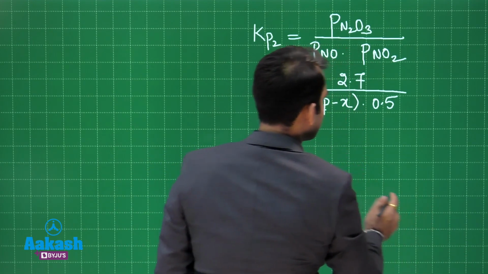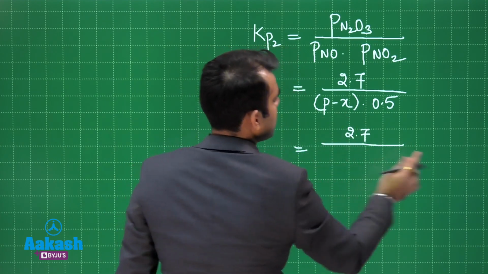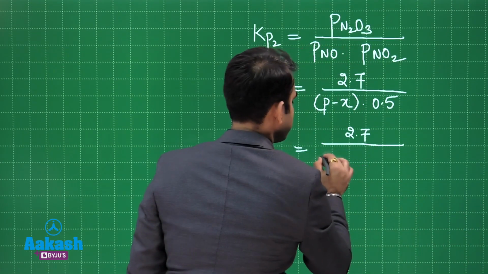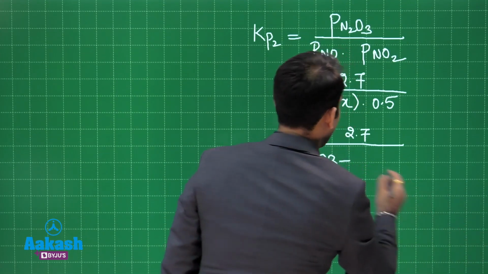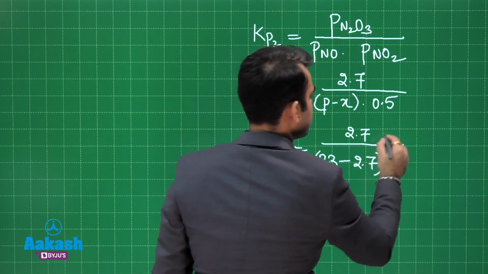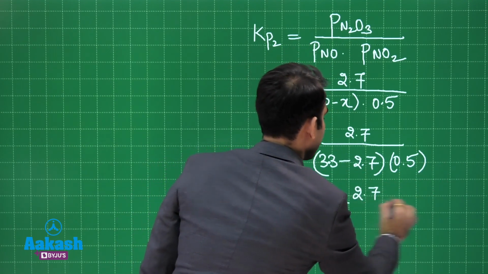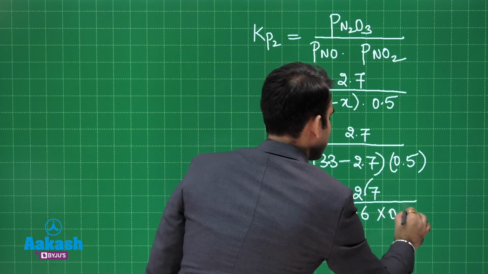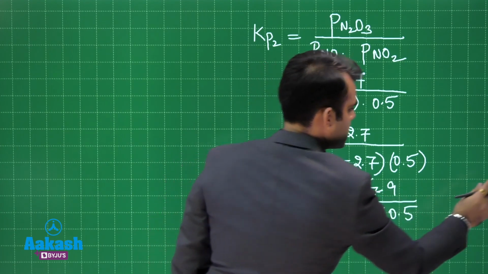Now if I substitute the values, we have 2.7 divided by the value of P, which we have solved here, P is 3.3, minus what is X? X is 2.7, so this is 3.3 minus 2.7 into 0.5, that is 2.7 divided by 0.6 into 0.5, so this is 9, that is 9 by 2.